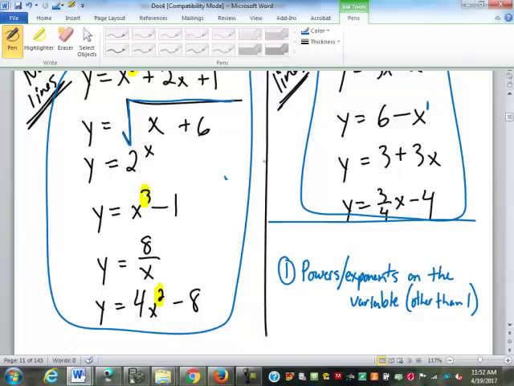Well, the second thing, still kind of dealing with exponents, is this equation. In that case, the variable does not have a power on it. In that case, the variable is the power.